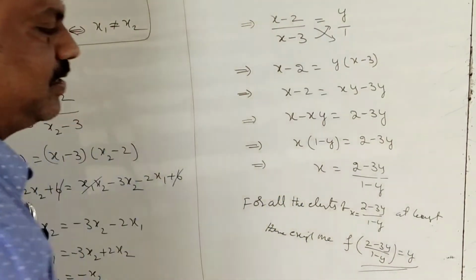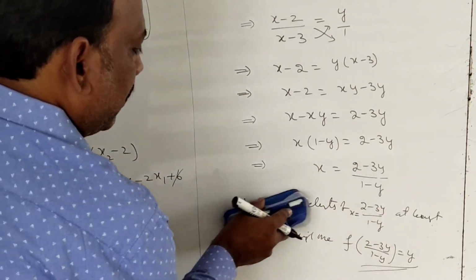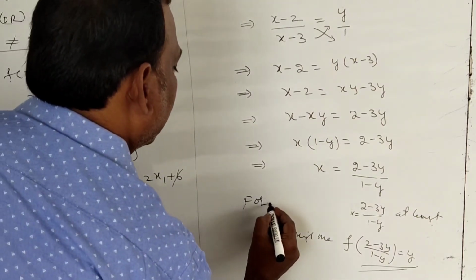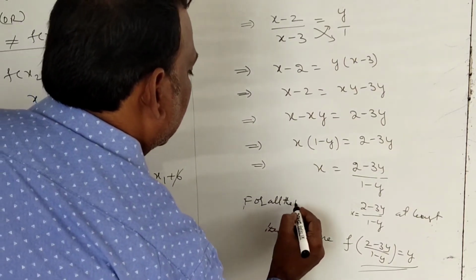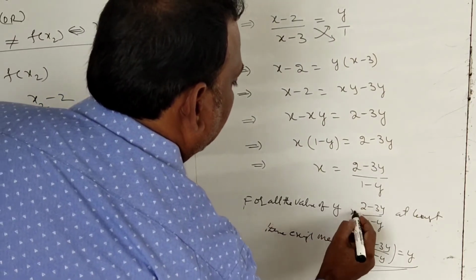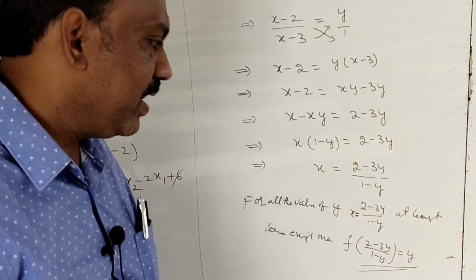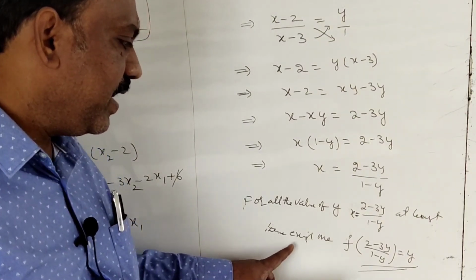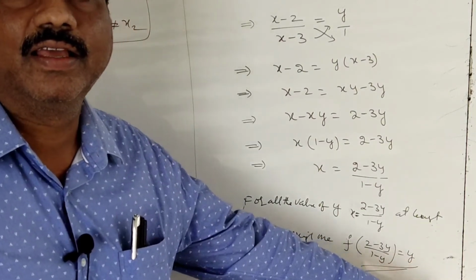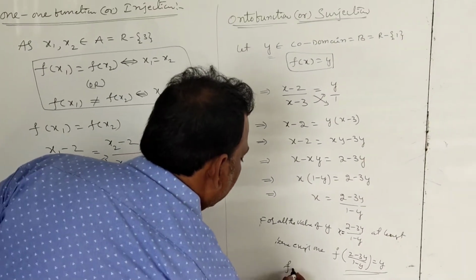This is the onto definition. And for all the values of y, x is equal to 2 minus 3y by 1 minus y, at least there exists one pre-image such that f of x is equal to y. Finally, you can write that f is an onto function.